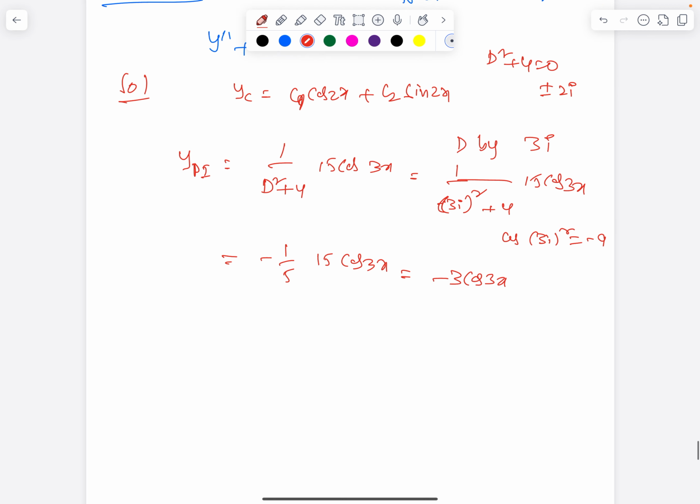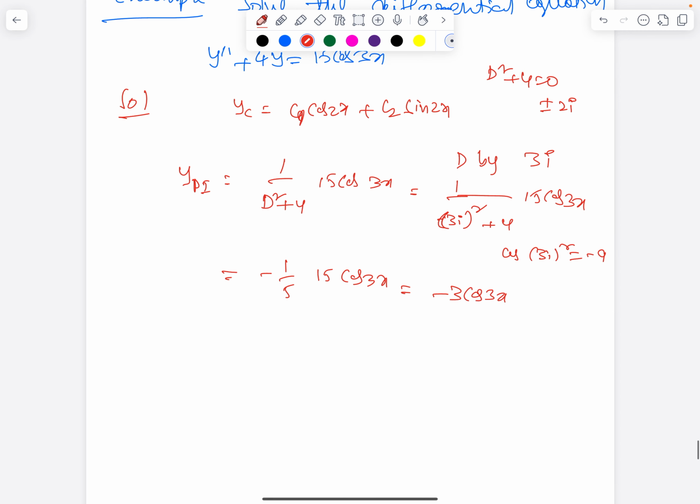Here I got this solution directly. So you may refer here, earlier we have used real part and complex part. There is no complex and real here, directly we are able to get it, how is that matching? So if you ask, if that is the case, 1 by d square plus 4 into 15 cos 3x, you can write it as, I mean if you try to write cos 3x, there is e power i3x, which is involving both cos and sine.